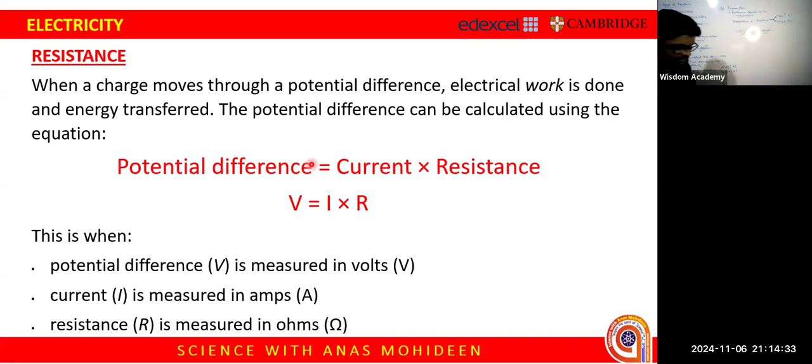The relationship between the potential difference, electric current, and electric resistance.